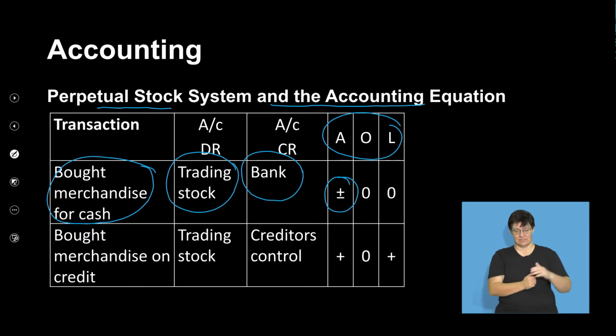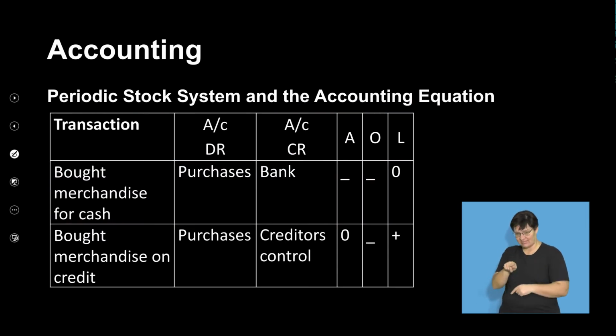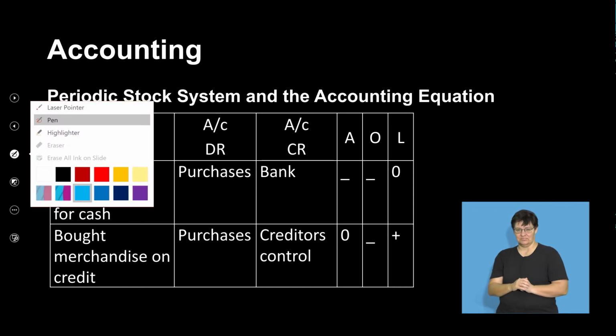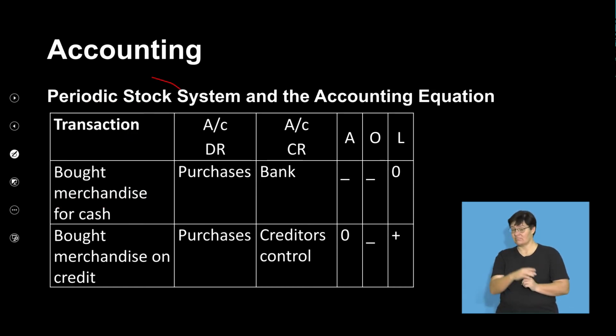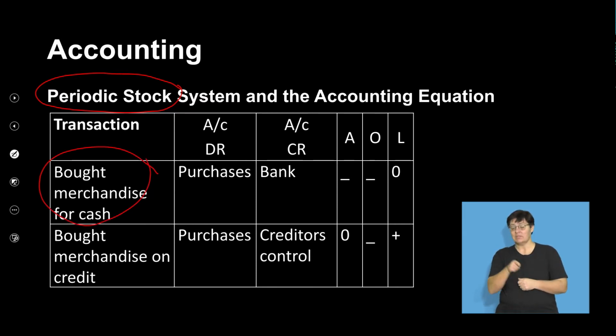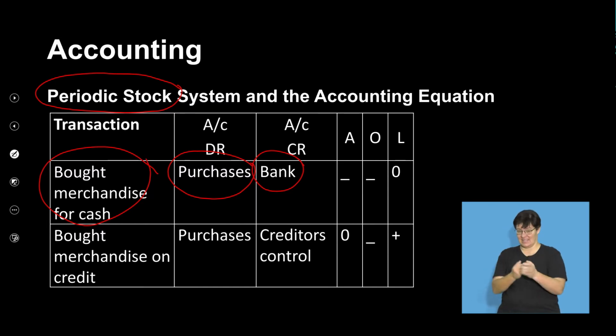Let's take that same transaction using the periodic inventory system. Watch. Now it's the periodic stock system. The transaction is bought merchandise for cash. Same transaction. Account debited is purchases. Note the difference. Account credited is bank. Doesn't change. Notice my accounting equation. We're assuming bank is favorable. So assets minus and owner's equity minus.